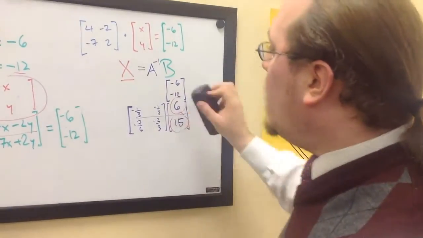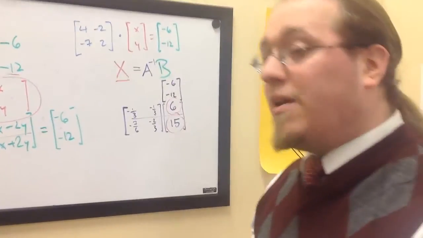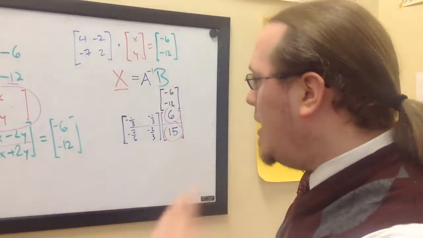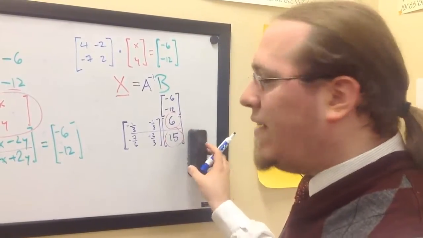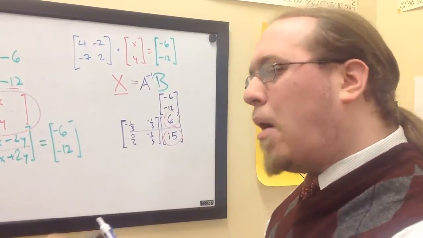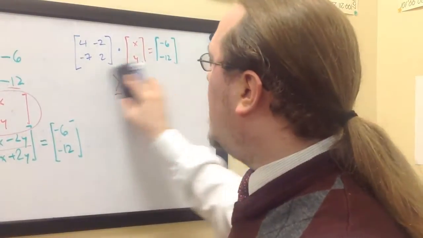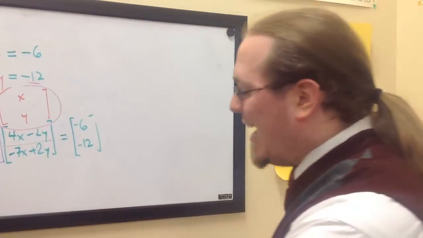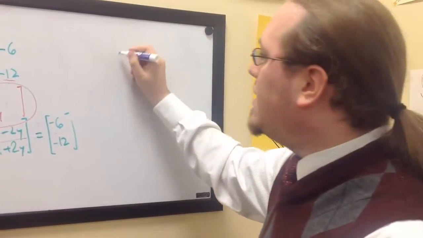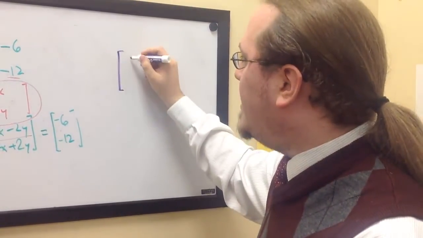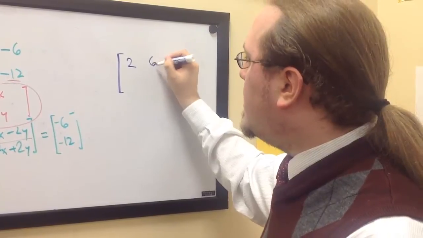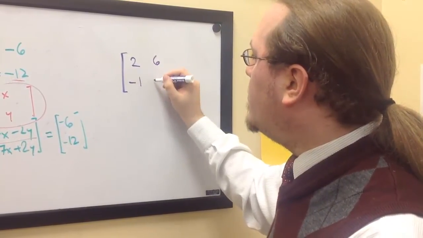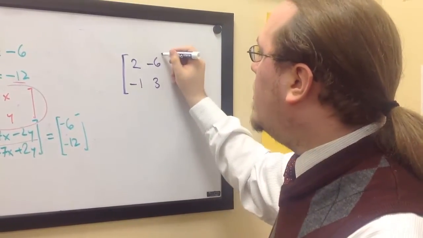So the last quick thing, and the real reason you can't divide matrices. First of all, the commutativity thing, the fact that you can't swap them, is part of it, but it's not the real answer. The problem is that certain matrices won't have an inverse. Take a look at this one. Let's say I did 2, -6, -1, 3.